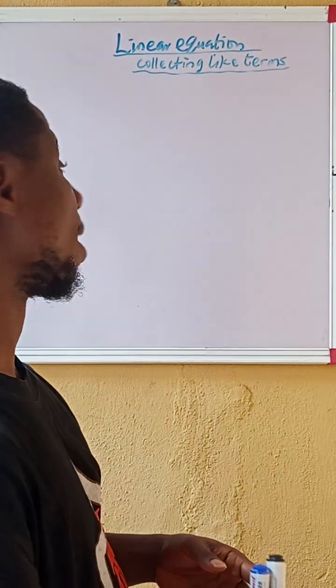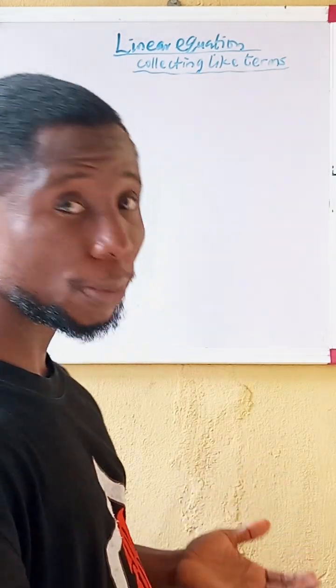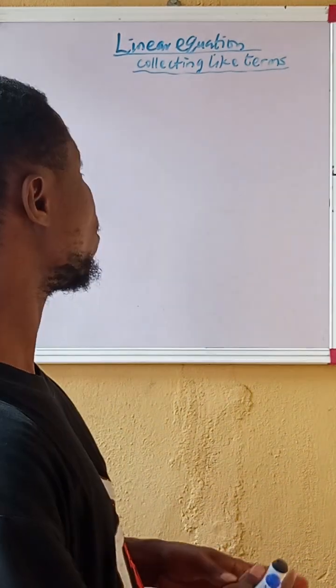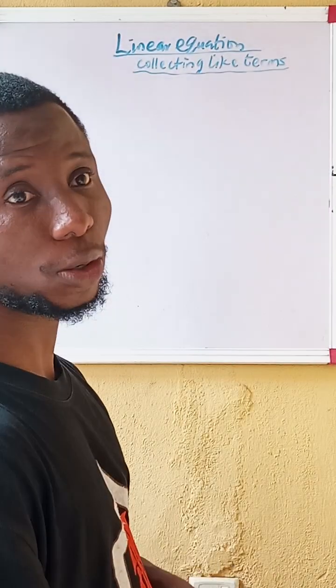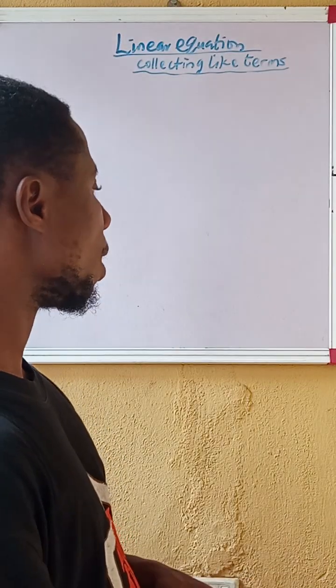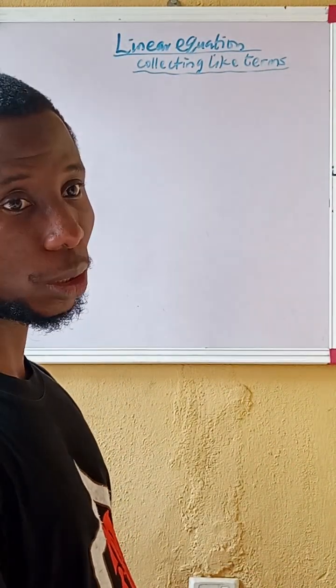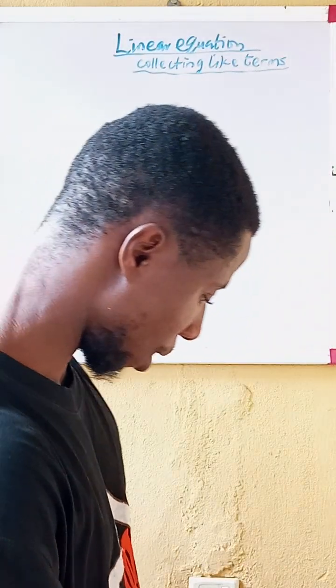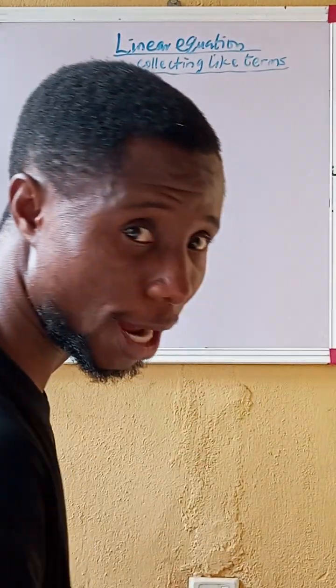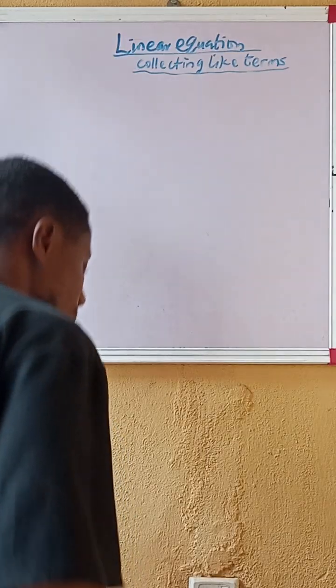With that, I believe you'll be able to tackle any question that comes your way anytime you come across a linear equation that has to do with collecting of like terms. All right, with no further ado, let's go straight into the solving.